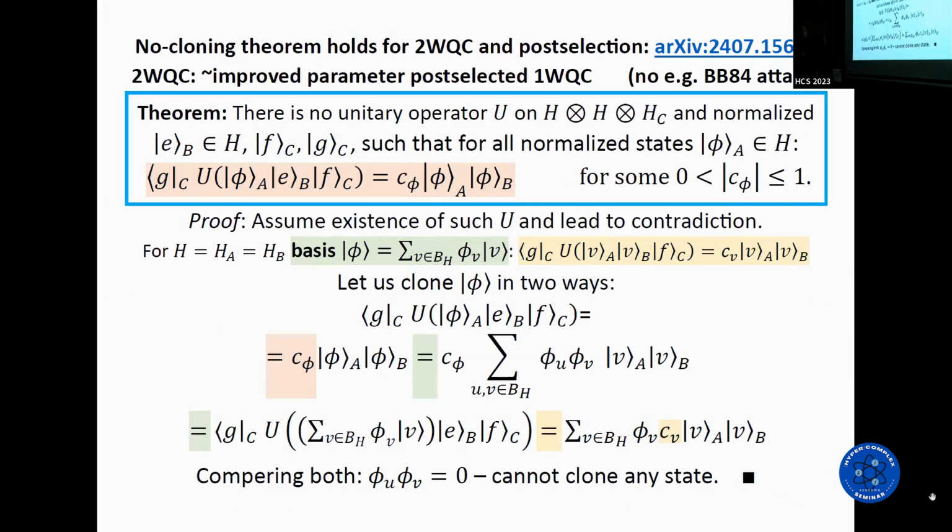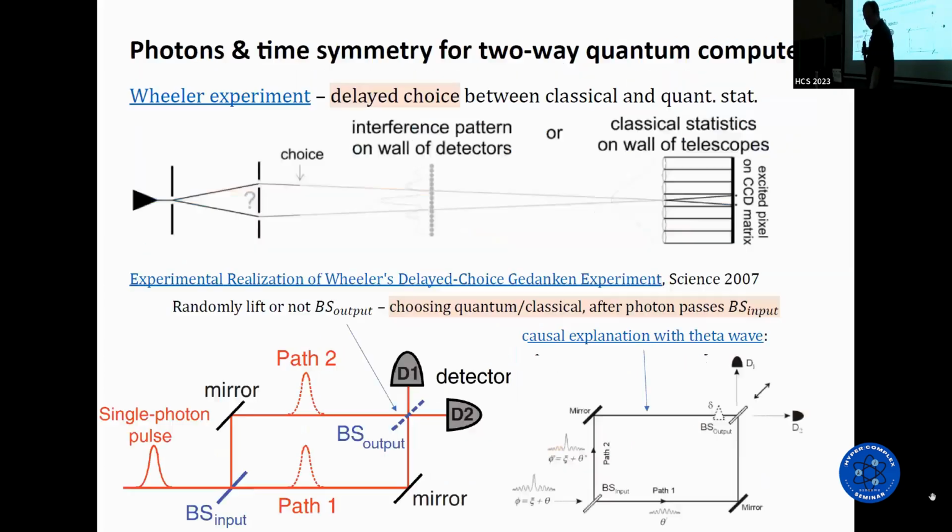Even with this post-selection or post-preparation, the no-cloning theorem still works. It's a relatively simple proof that the assumption that we can clone leads to a contradiction. So quantum cryptographic protocols should still be safe, at least from such attacks. But I think there will be other attacks from this kind of approach.